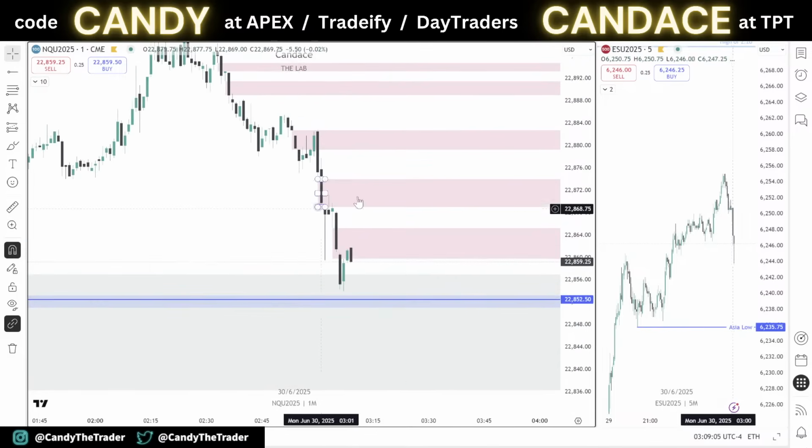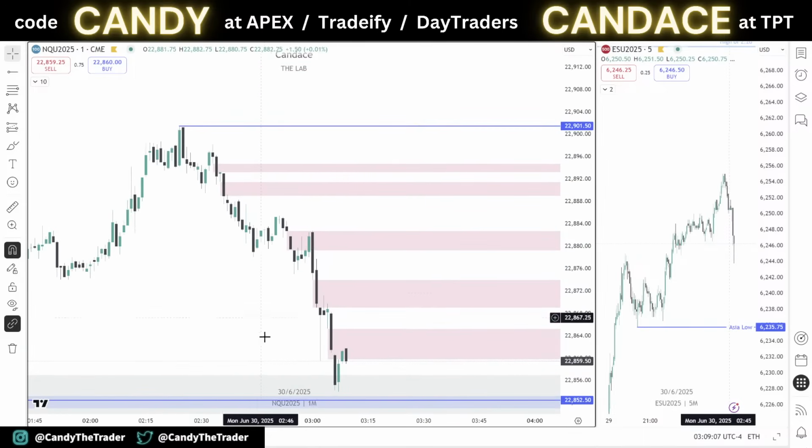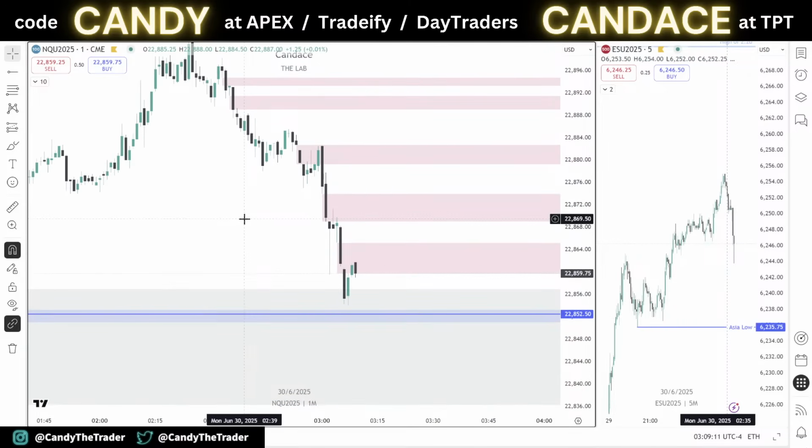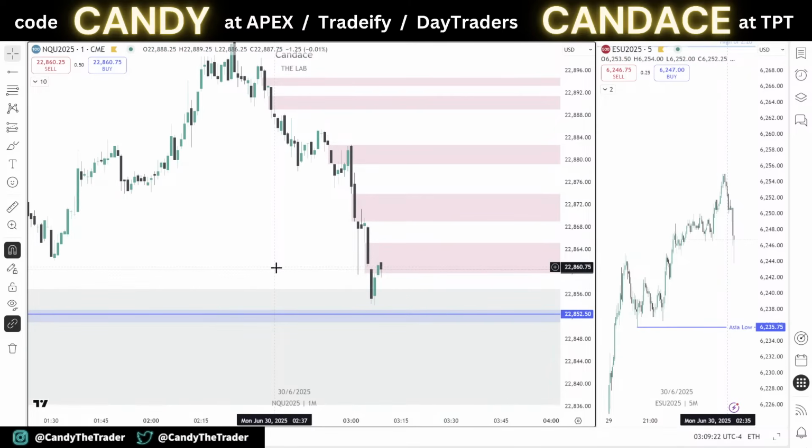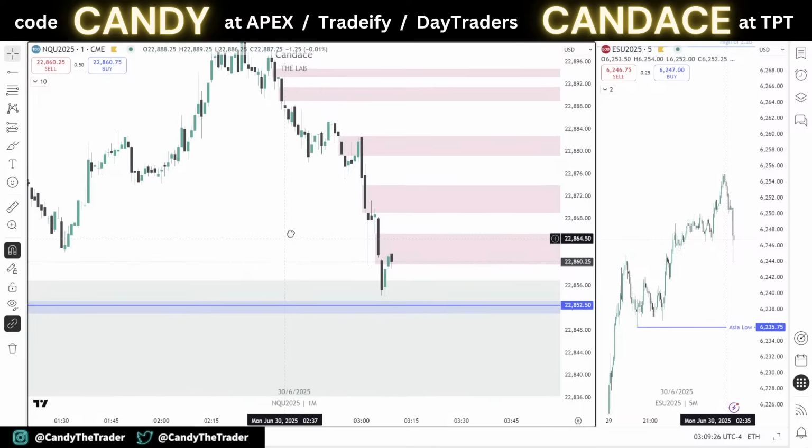But honestly, we have consecutive CBs here, so it's probably not ideal to use the first one to enter long, even if the candle body closes above it. Still observing right now.